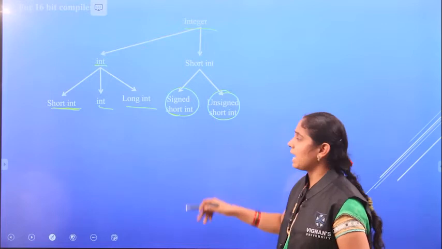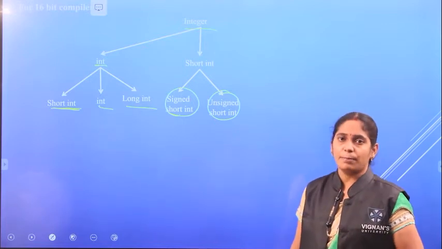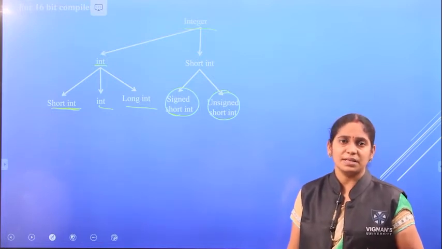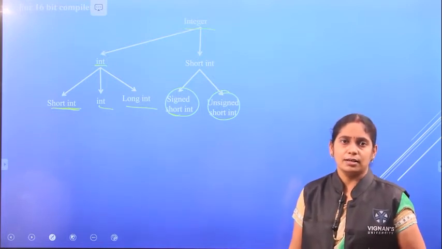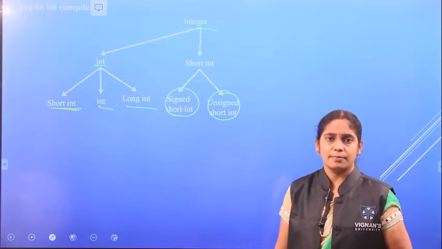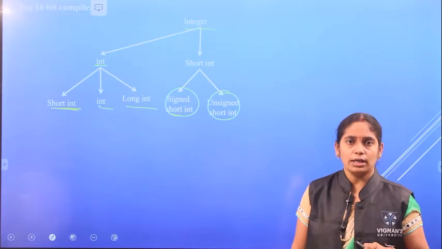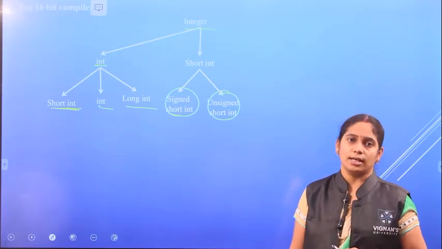When we use these types, for suppose representing marks, how are the marks represented? Like 96, 85, like this only. So all these are nothing but positive numbers only.